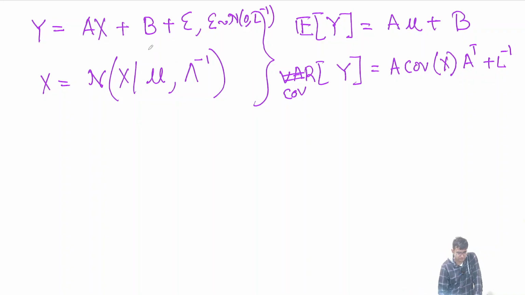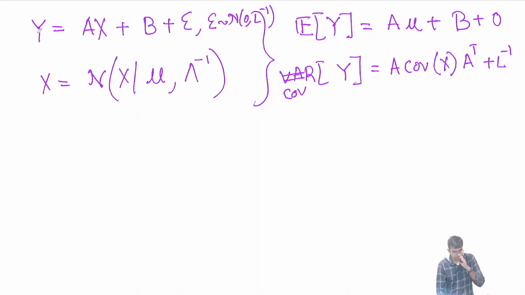So what is the mean of this? Here also plus 0 should come. I have not written that. Now you will say expectation of y is equal to A expectation of x plus expectation of b plus expectation of epsilon. Agreed? A expectation of x is A mu, expectation of b is b, plus expectation of epsilon is 0. So A mu plus b plus 0. Agreed? Let's go ahead.